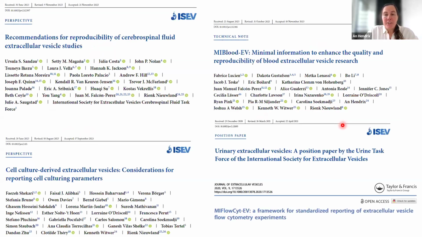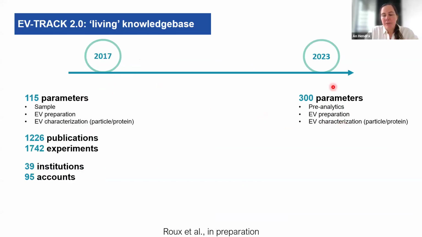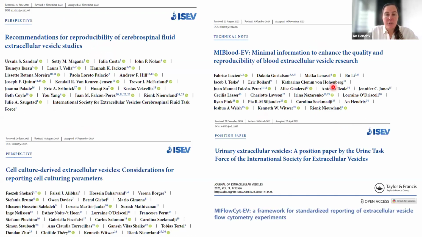But this increase in the number of parameters results from the tremendous efforts that have been made by the different ISEV task forces that identified, for different types of technologies or different types of biofluids, what are the critical experimental parameters. For example, they have been reported for CSF, for cell culture, for urine as well, for blood, and then for particular methods such as MIFlowCyt-EV.